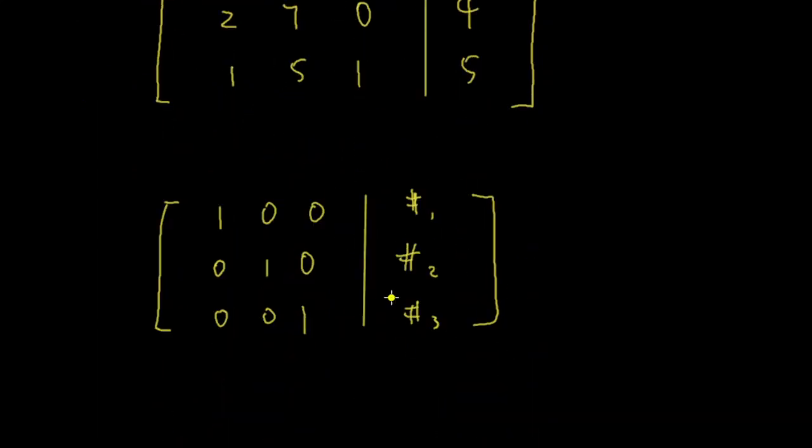Sometimes you may not be able to get to this form. For example, if there's no solution to this system of equations, then of course you cannot get to this point. But we are trying to get to this point. Let's see how it goes.